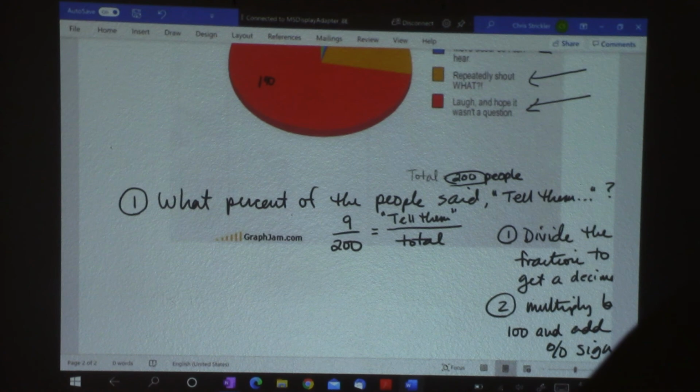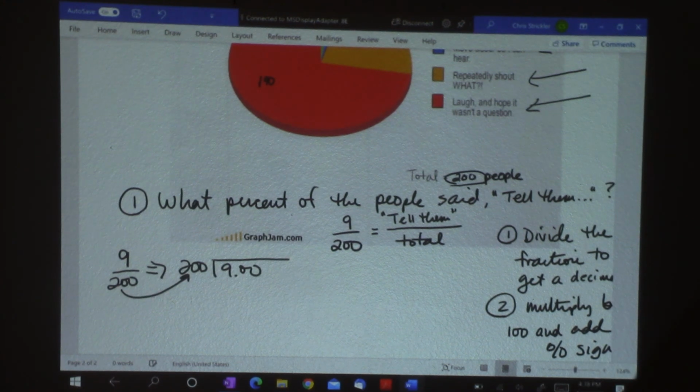Okay, so I'm going to take 9 over 200 and I change that to 200 divided into 9. My divisor and the denominator goes outside the house. So 200 doesn't go into 9, it doesn't go into 90, so I put a 0 there, but it does go into 900.